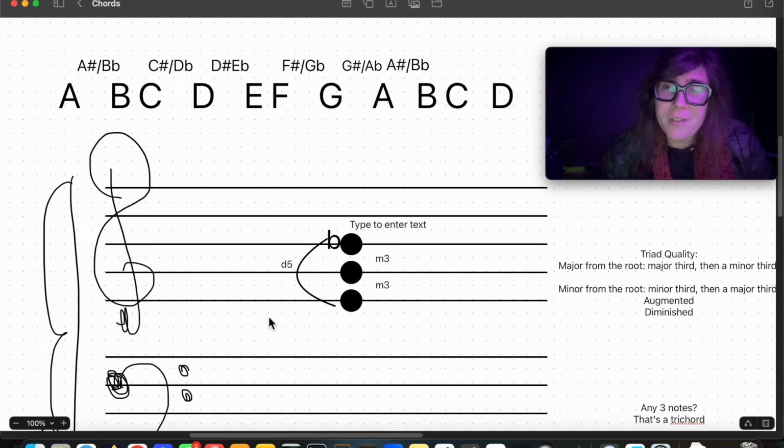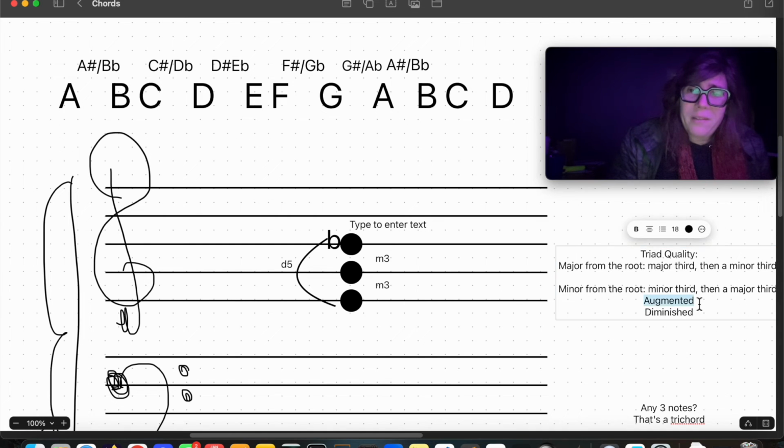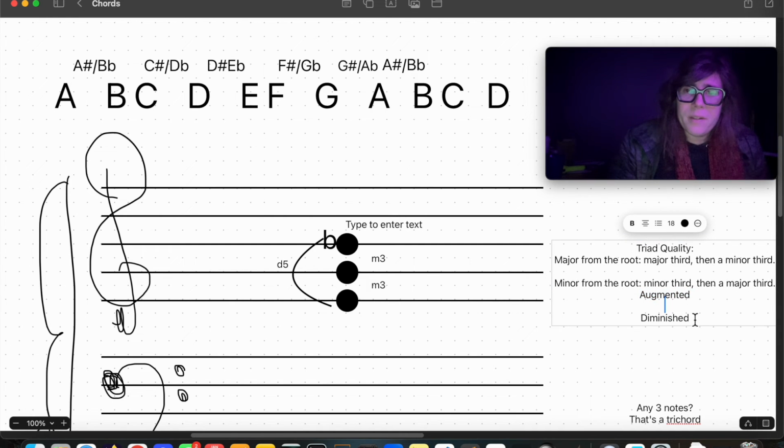That we have a diminished fifth on the outside, which also means a minor third between those voices. This is a diminished triad. So let me make some space here. From the root, our bottom note right now, minor third, minor third.